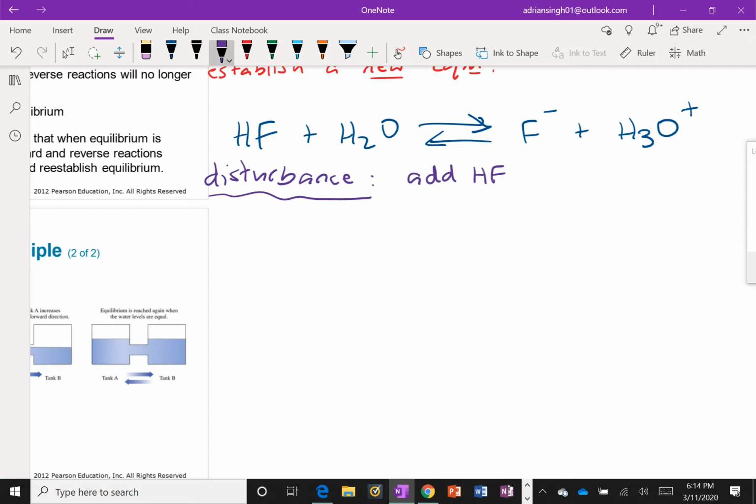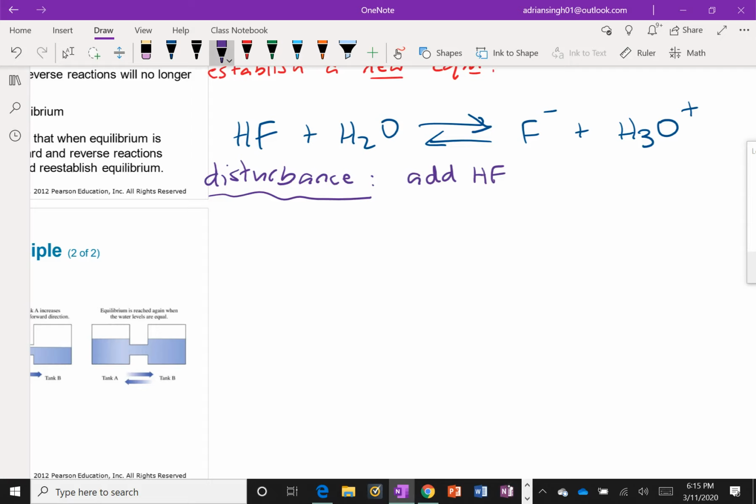What's the only way I can get rid of HF? If I add more of this stuff, the only way to get rid of it would be to convert it to the stuff on the right. Right? That's the only way to get rid of it. So if I add something here, the equilibrium is going to respond to get rid of it, to convert it to the stuff on the right.